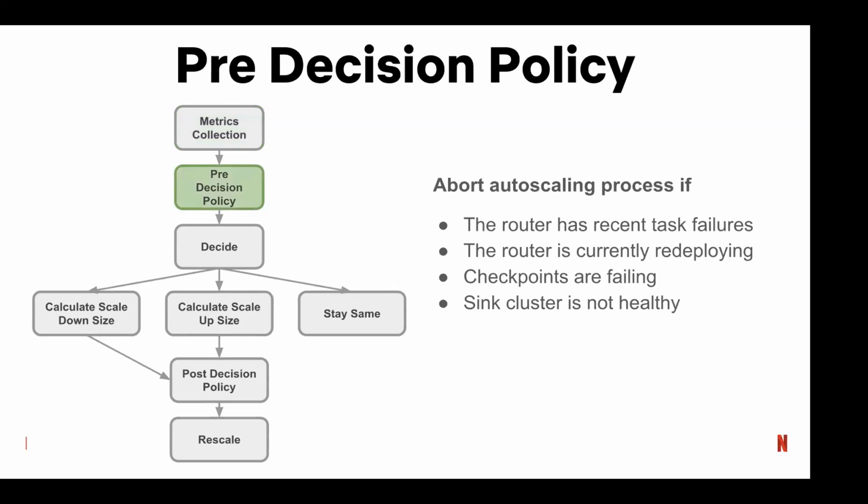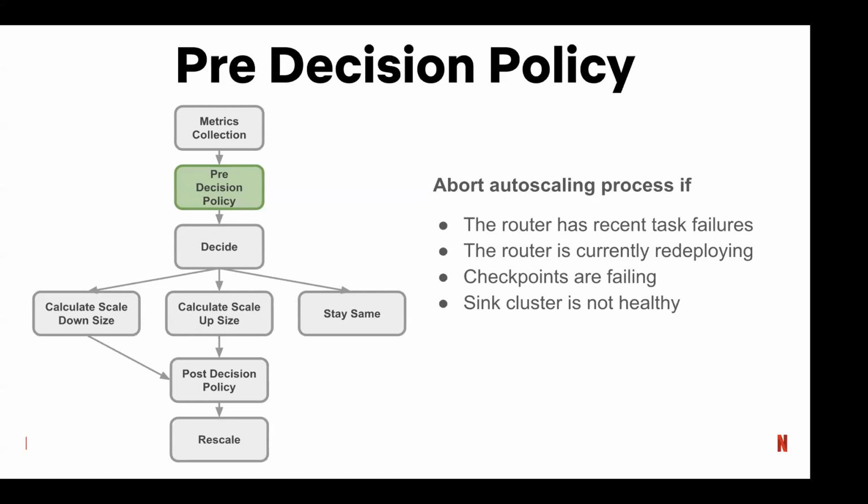So after we have our batch of metrics for a given router at a given minute, we apply the pre-decision policy. So the pre-decision policies decide whether or not auto-scaling should be aborted, because in certain cases, it doesn't make any sense to take an auto-scaling action.